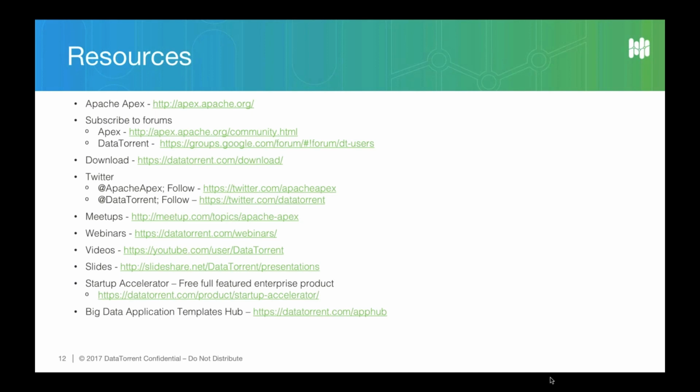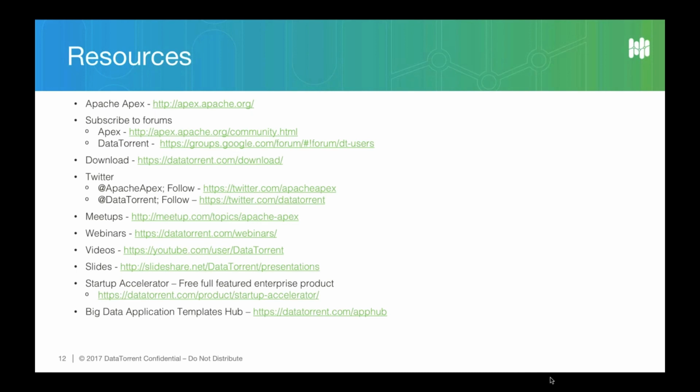So I think that completes the webinar presentation. If you want to learn more about Apache Apex, you can go to apex.apache.org, or there are a couple of forums where a lot of discussion happens. For the open source forum, you can find those details on apex.apache.org/community.html. There are the mailing lists for Apex users and Apex dev.